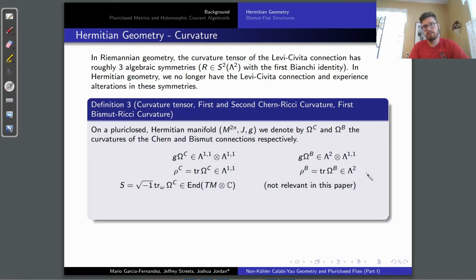And rho B, you're left with a 2-form. And then something that's especially relevant for us is the second Chern-Ricci curvature. This tends to be a guy that pops up a lot for us. So what we're actually left with is the endomorphism part of the curvature. We trace the first two, and you get an endomorphism.